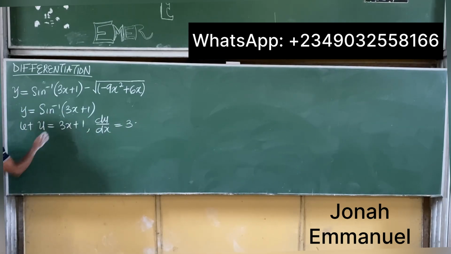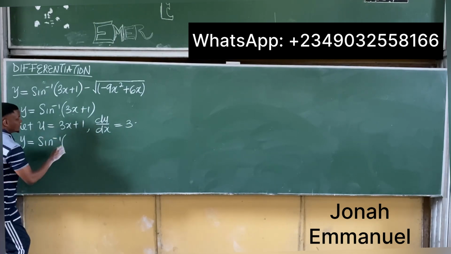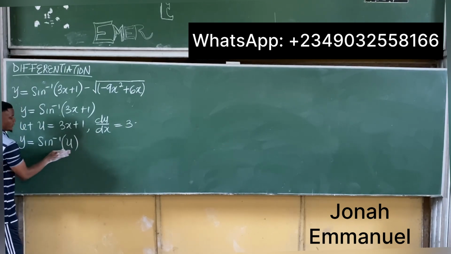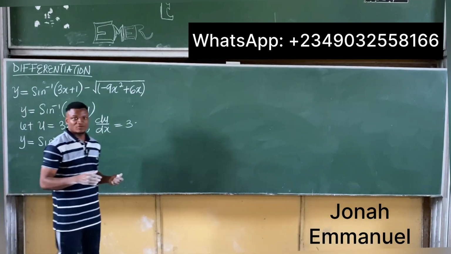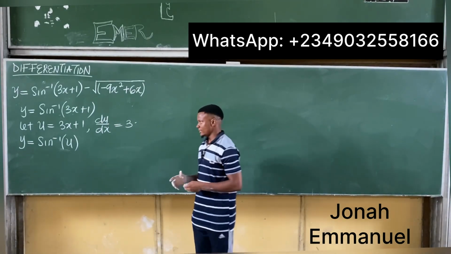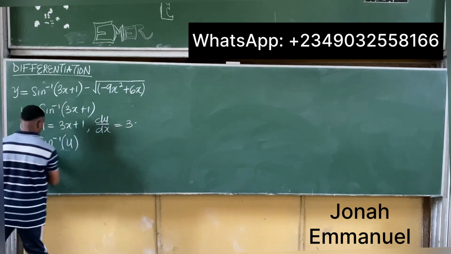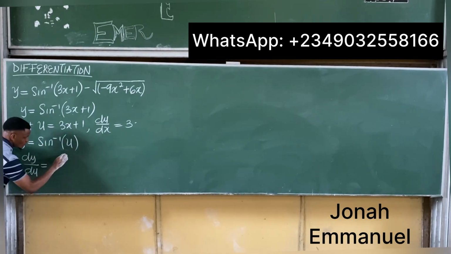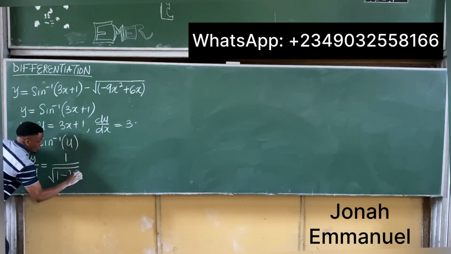Also, from this same question, y is now equal to sine inverse of u. In our previous classes, we've looked at how to do the derivative of sine inverse. If I differentiate sine inverse of u, dy over du is equal to 1 all over the square root of 1 minus u squared.